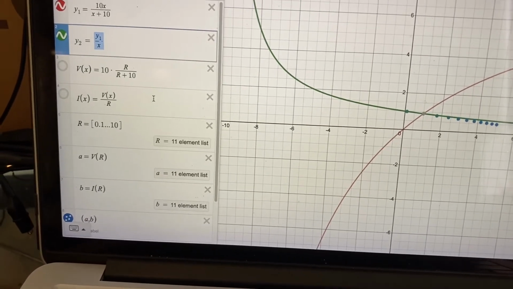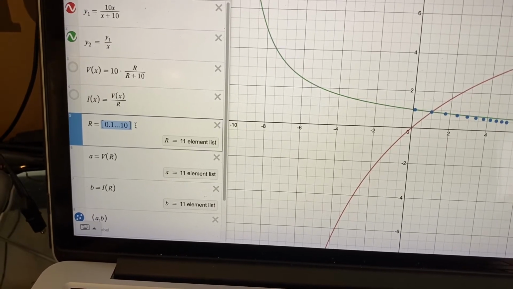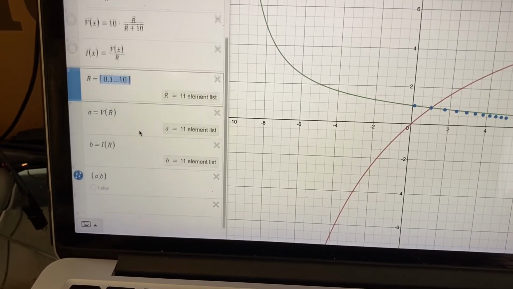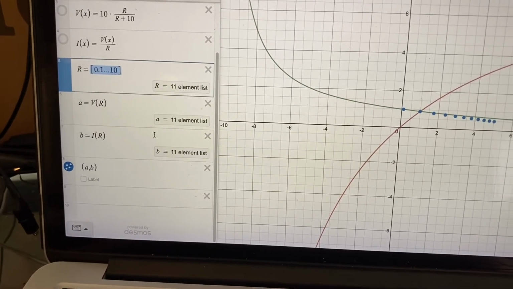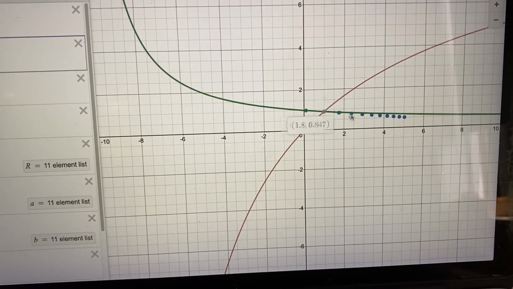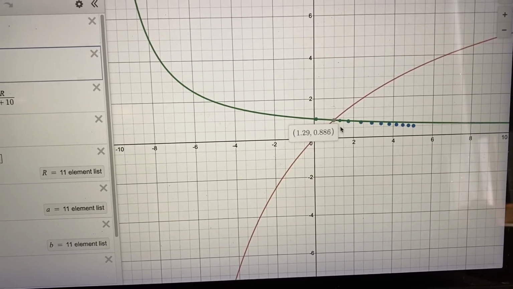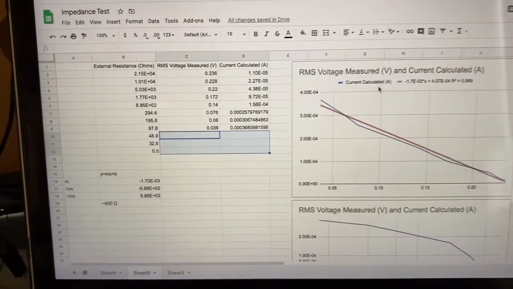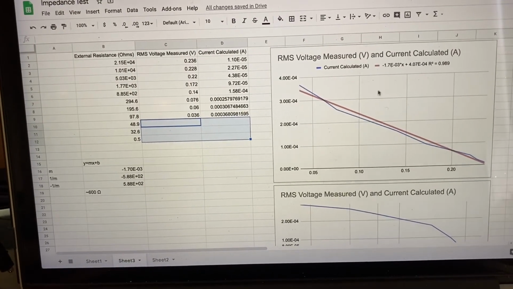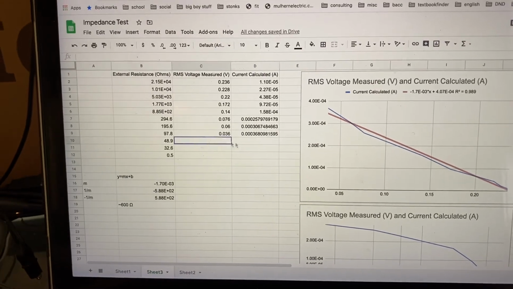So yeah, here all I'm doing is taking 11 different resistance values, pretty arbitrary, and plotting the result of V versus I in the list. And these blue arrangements of dots are obviously linear. But back to the results, I got rid of some of these lower resistance values because they really skewed the results.